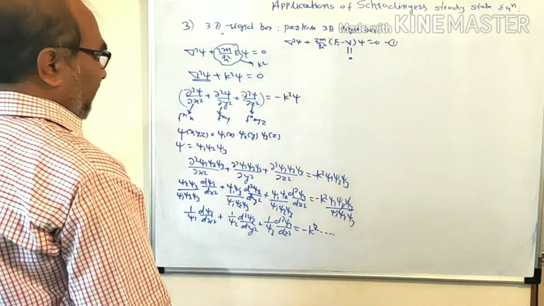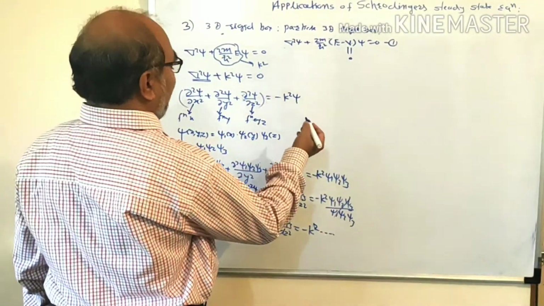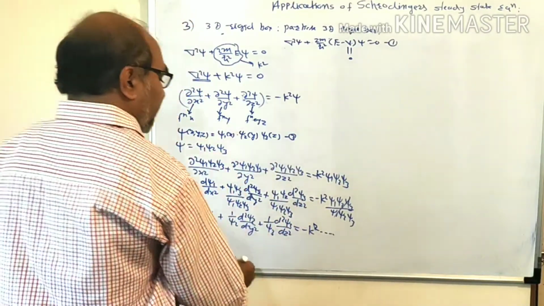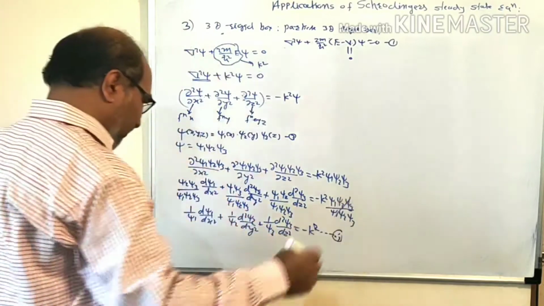Say this is expression 1, then we call the next ones 3 and 4.